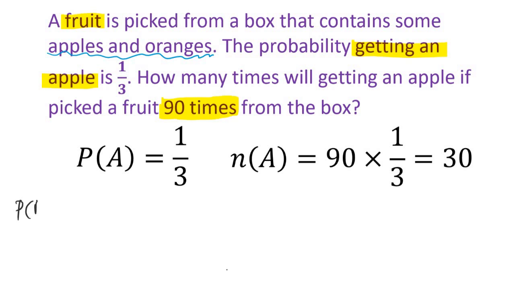the probability of event A is equal to the number of event A over the number of times you repeat the action.